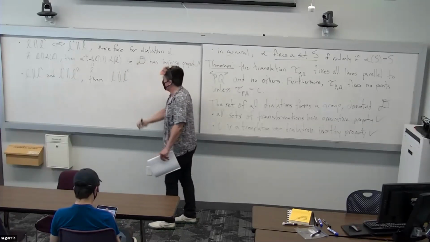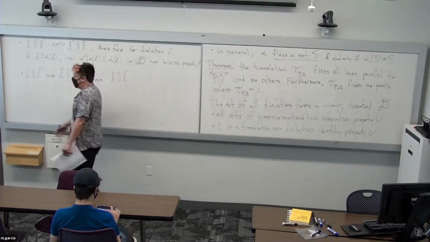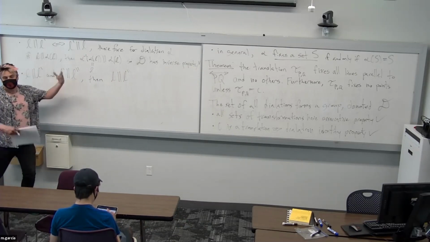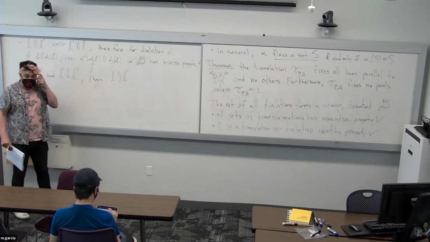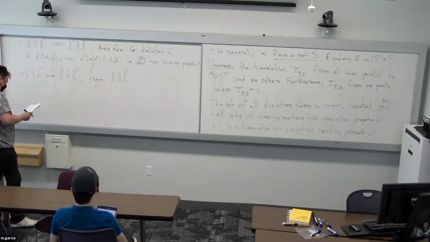That is to say, the relation of being parallel is transitive. And of course, if you look at this analytically, these two have the same slope, these two have the same slope, therefore the first and the third have to have the same slope.